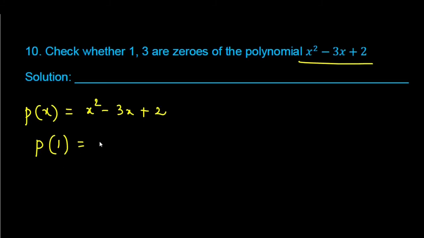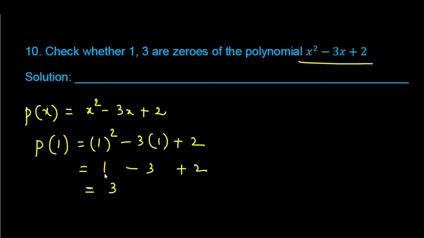P of 1 is equal to 1 square minus 3 into 1 plus 2. 1 minus 3 plus 2. So this is 1 plus 2 is 3, minus 3. It is 0.